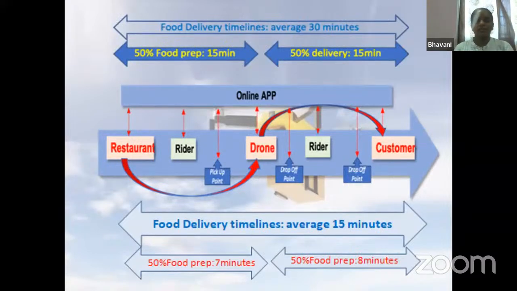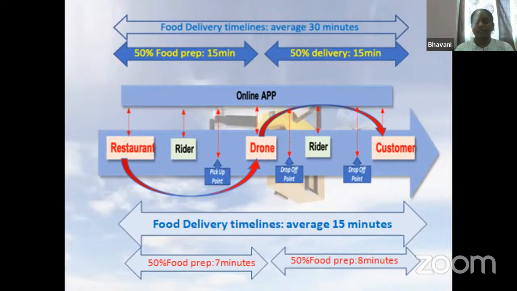As my friend Swapna explained how drones deliver food, now I'm going to continue the topic. Whenever we deliver food by road, it consumes 30 minutes: 15 minutes for food preparation and 15 minutes for delivering the food. In the next image, we can see how we deliver food using the drone: restaurant to drone to customer.